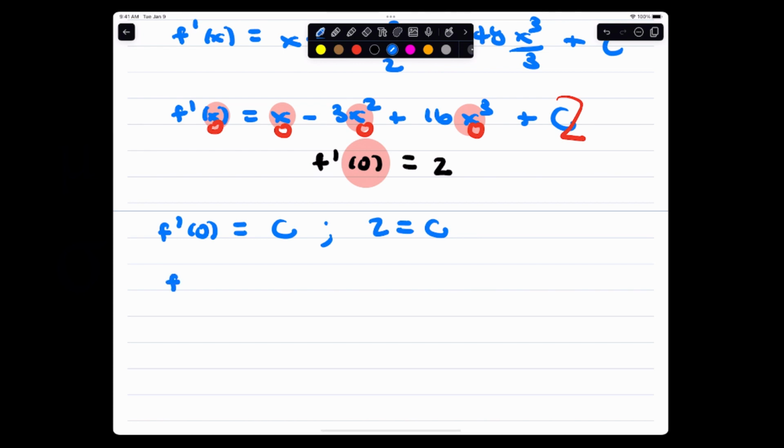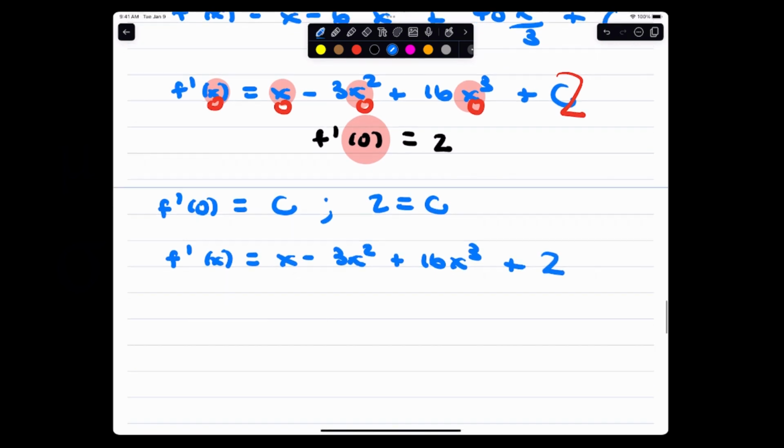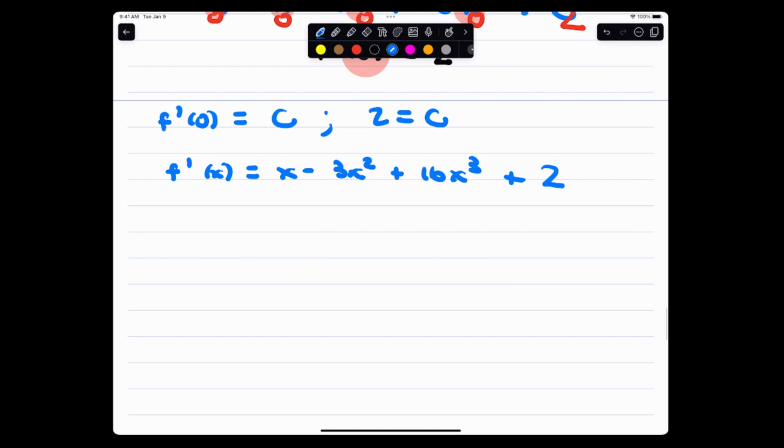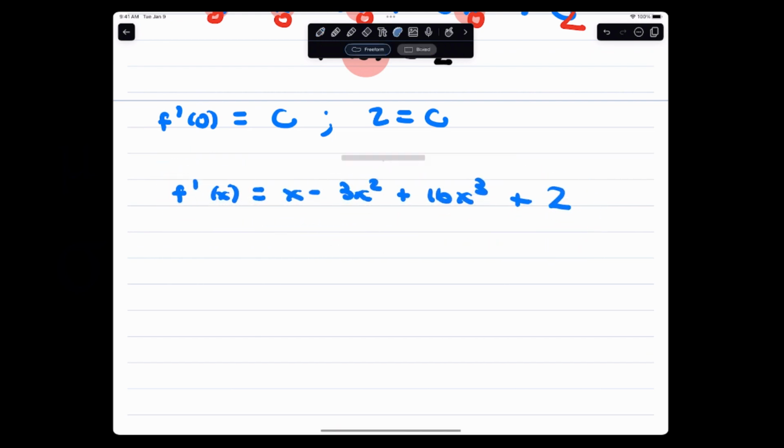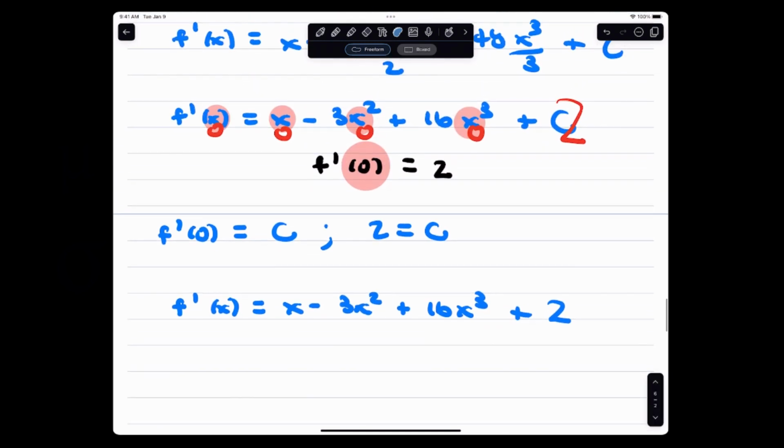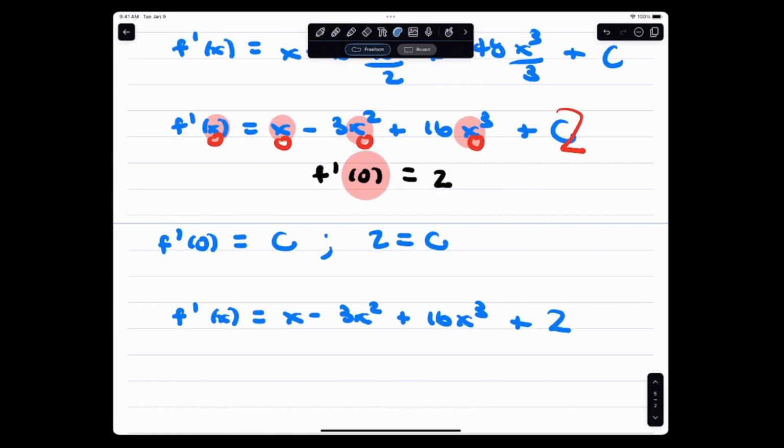So that first derivative, f prime x, is x minus 3x squared plus 16x cubed plus 2. Okay, you guys okay with that?